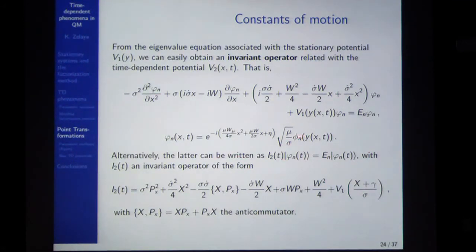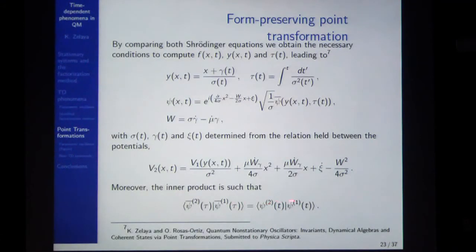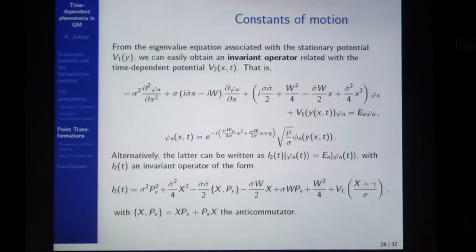I will explain a bit more about this fact later. So this is the result. Just recall, we needed the invariant operator, a set of orthogonal solutions, and the time-dependent phase. We already have the set of orthogonal solutions because of the preservation of the inner product, and we already have the invariant operator, the constant of motion, and its spectral problem.